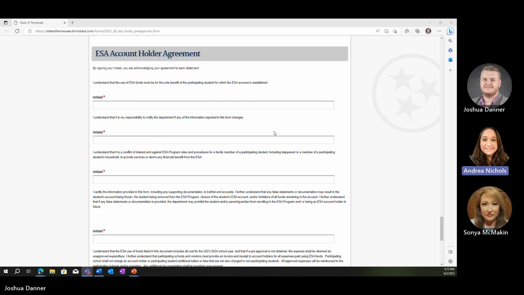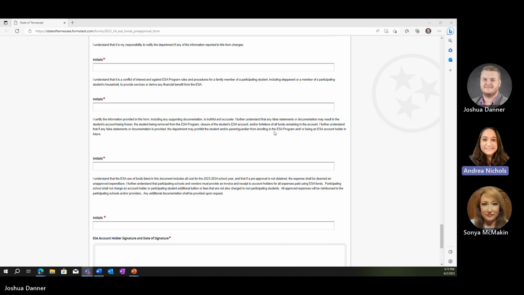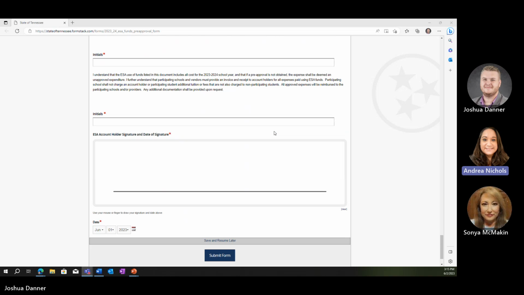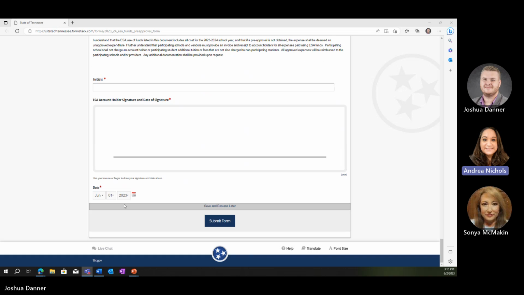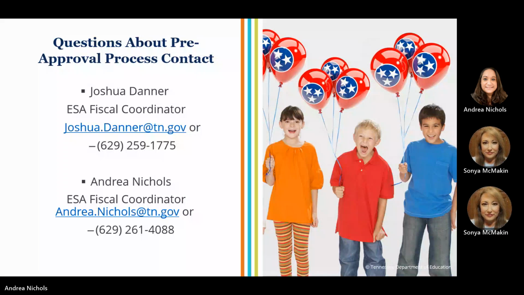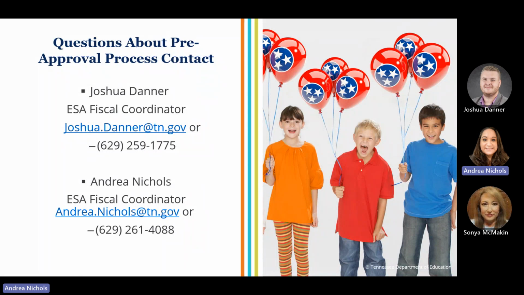If needed, we will require further action by sending an email to the account holder asking for specific corrections and a submission of a new form for review. Pre-approval expenses will be shared with schools by the department. Once you have been approved, you can expend those funds.